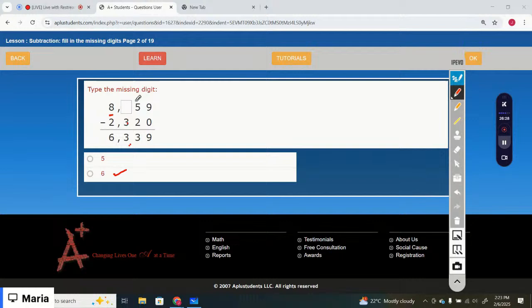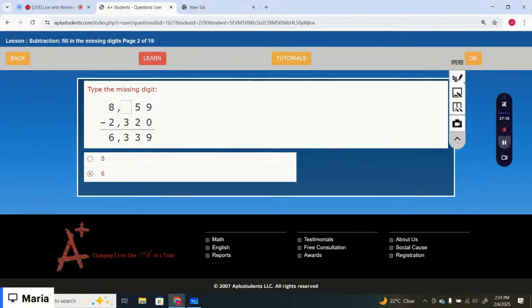So if you look at the options, that is 6 take away 3 is 3. The missing number is 6.